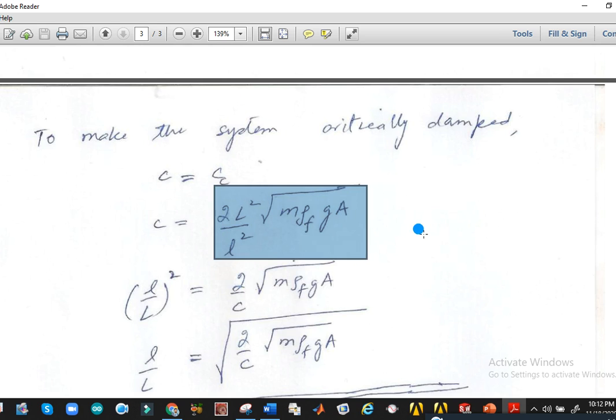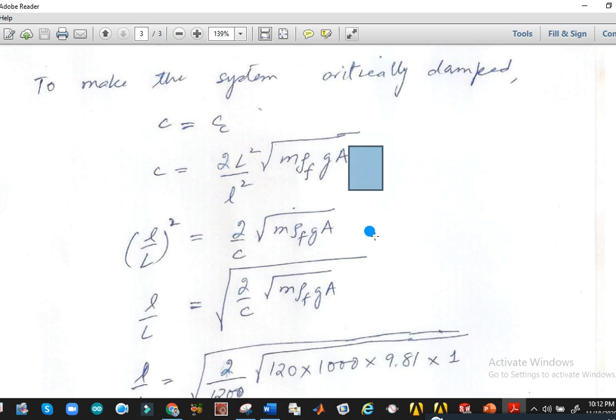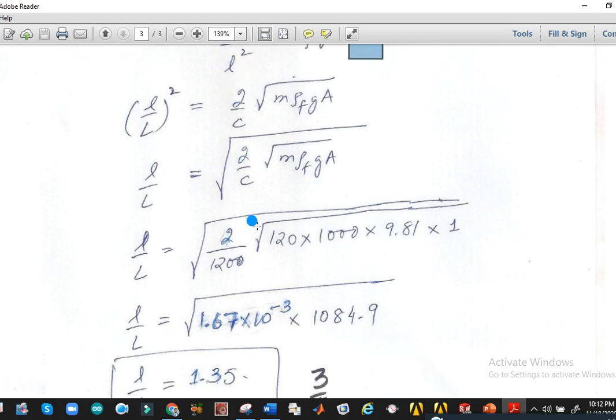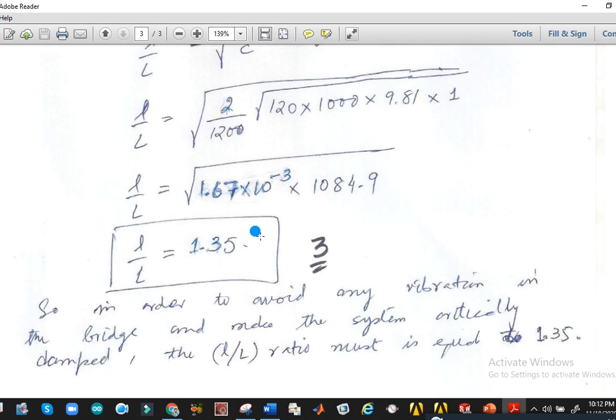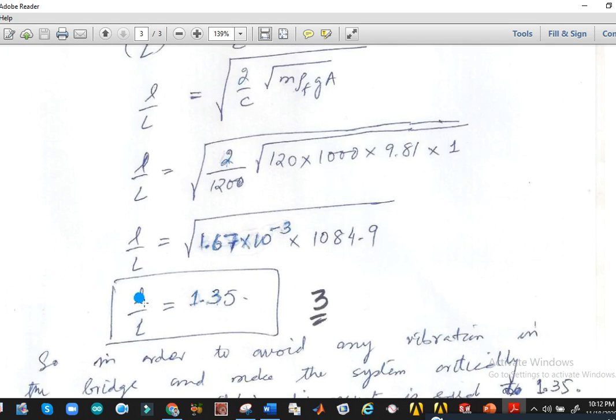Replacing the value of cc, we have these terms, and we have also been provided with the value of mass, density, g, and area. So putting in all of the known terms, we finally have the ratio of small l to capital L as 1.35. So what does this mean?